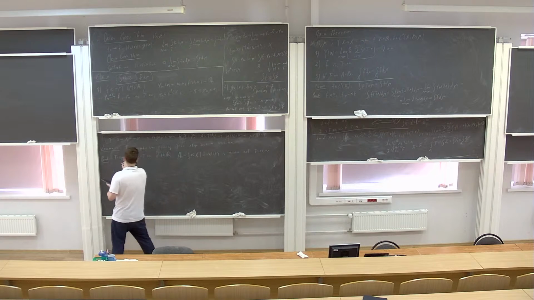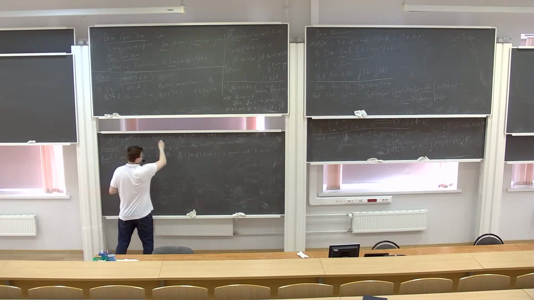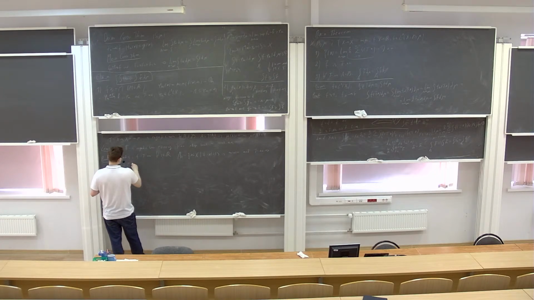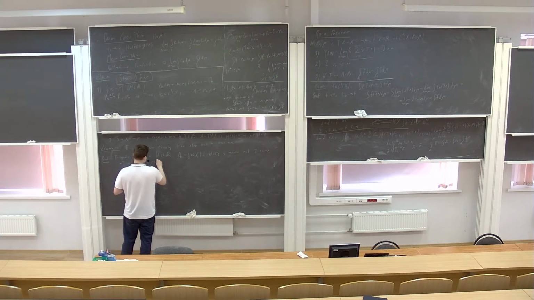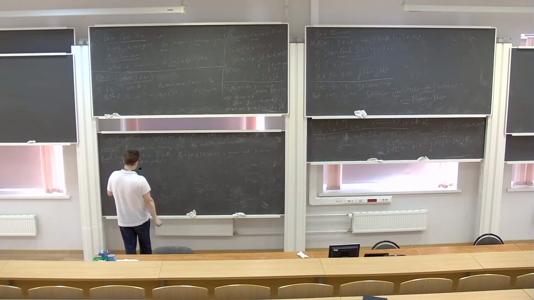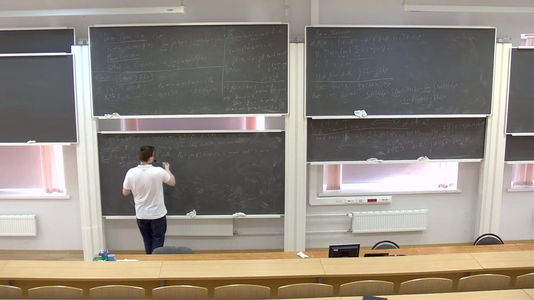So using this definition, the measure of A_r should be either 0 or 1, or mu of X if we have the space X which is not normalized.